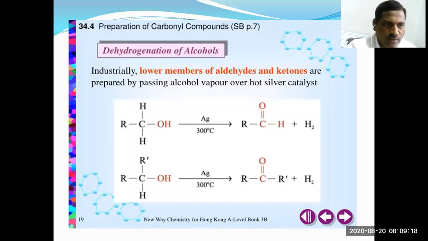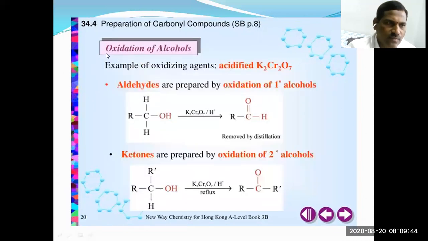So, preparation of carbonyl compounds. The first method of preparation is dehydrogenation of alcohols. Industrially, lower member aldehydes and ketones are prepared by this method, by passing alcohol vapor over a hot silver catalyst. Aldehydes are prepared from primary alcohols, ketones from secondary alcohols. Next, oxidation of alcohols.